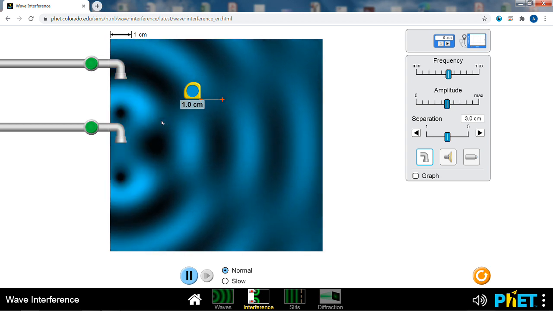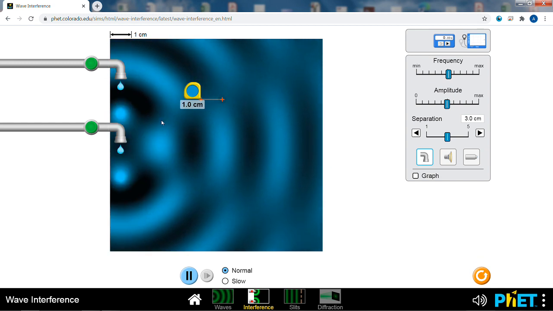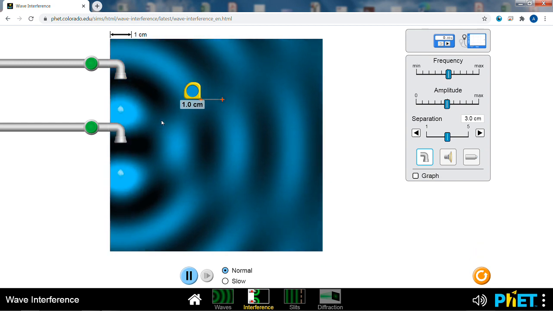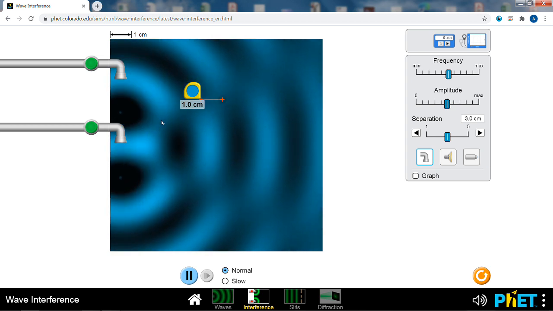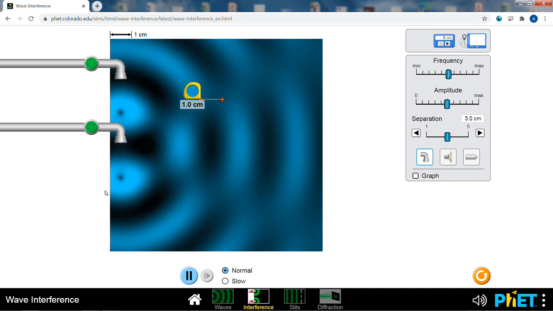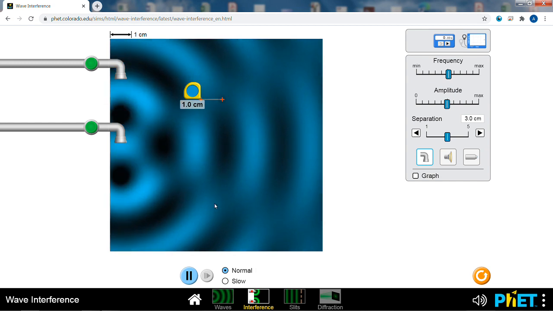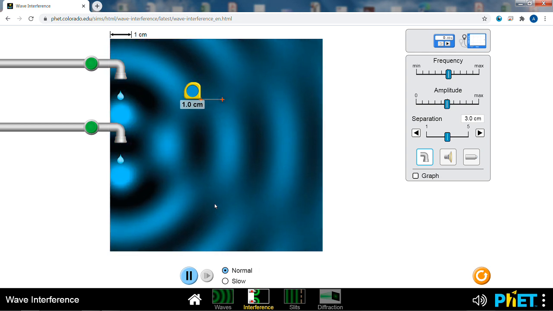So we can see this interference pattern forms, and the difference in the path length from the 2 droplets is going to be an integer minus 1/2 times the wavelength. Also notice that if we look straight between the droplets, the path length there is the same, so that means your interference is going to be constructive. Your value of m is 0.